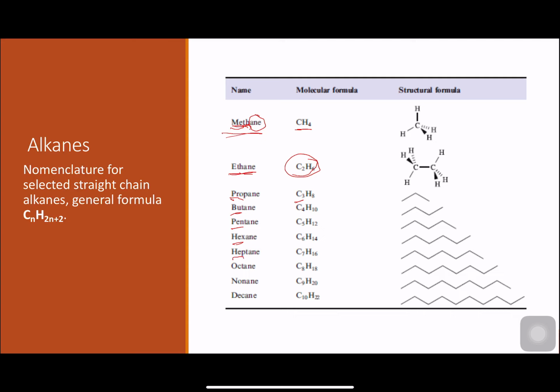You need to memorize these prefixes so you can name your compound. Of course, there is a very long list of prefixes and you cannot memorize all of them, but the main ones up until 10 carbon atoms, you should be able to memorize.